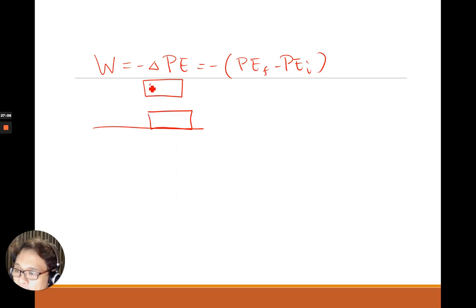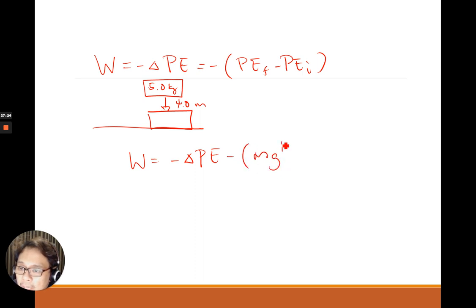Okay, so dito muna siya, 5.0 kilograms, tapos binaba mo ng 4.0 meters. What is now the change in potential energy? So W is equal to negative delta PE. Okay, so we expand this. PE is mg h final minus mg h initial.